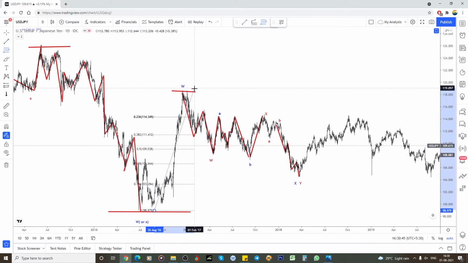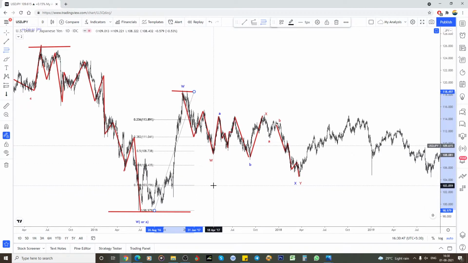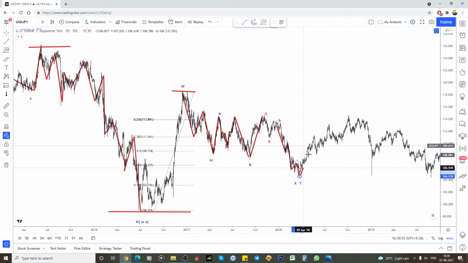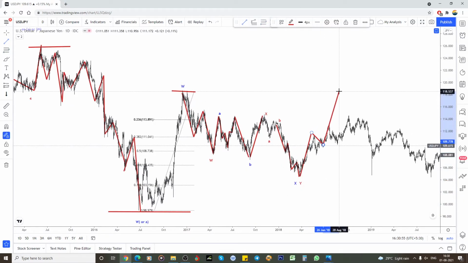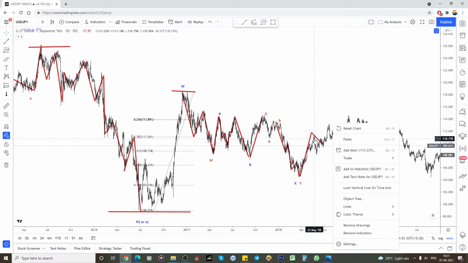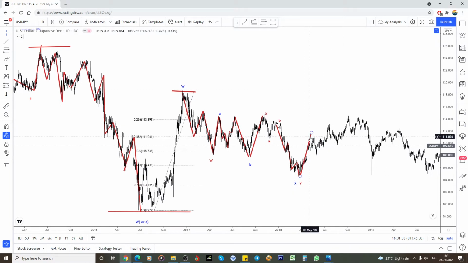As per this Fibonacci retracement, it already did nearly 61.8 to 78.6, so this is valid, and we are looking to buy here to make A, B, C to the Y wave. So everybody will buy here at the end of the trend.